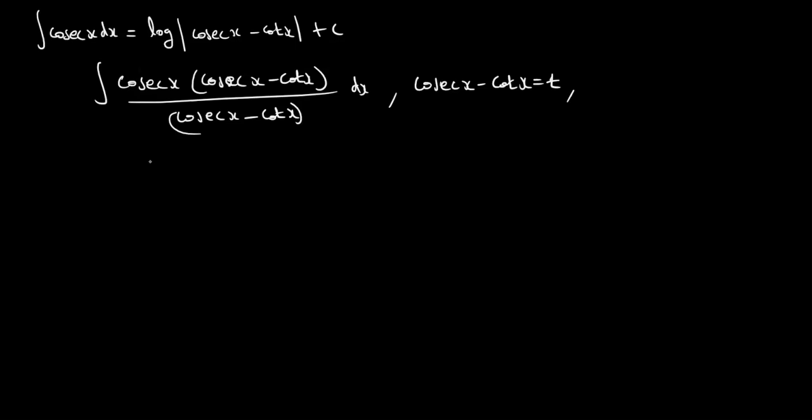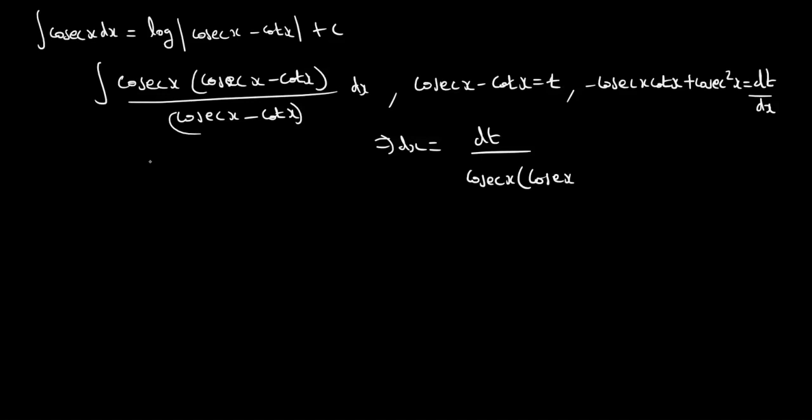That will give, we know the derivative of cosec x is minus cosec x cot x, and the derivative of cot x is minus cosec square x. So this will become cosec square x equal to dt by dx. So dx will become dt by cosec x into cosec x minus cot x.